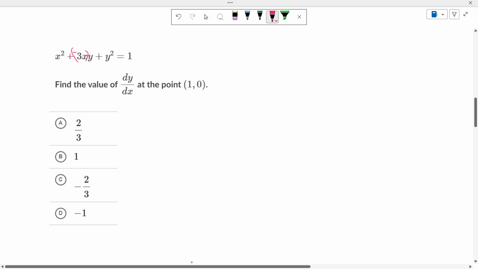So let's do it. 2x plus negative 3x times, what's the first derivative of y? dy/dx. Plus y times the first derivative of negative 3x. Negative 3. Plus 2y dy/dx equals 0.